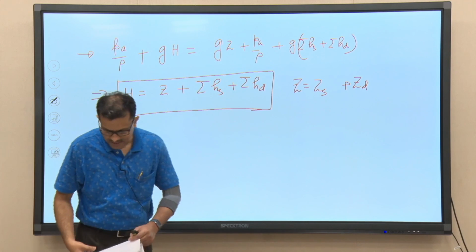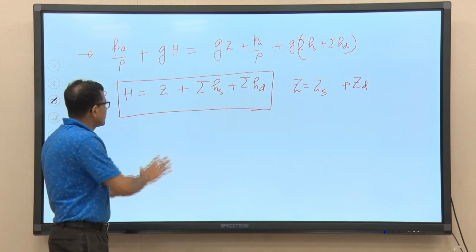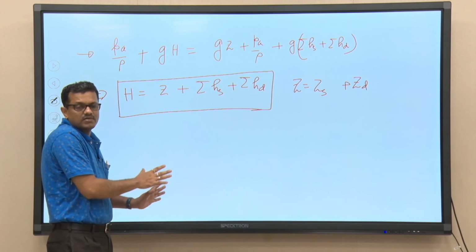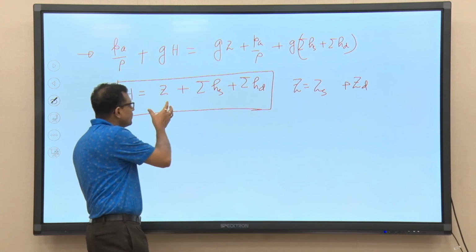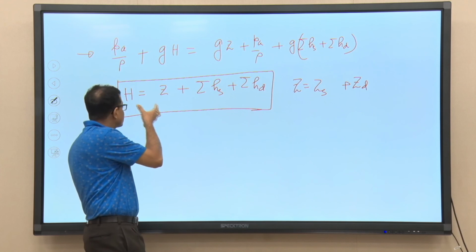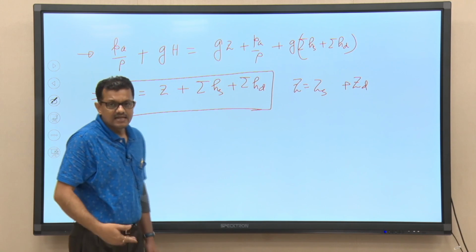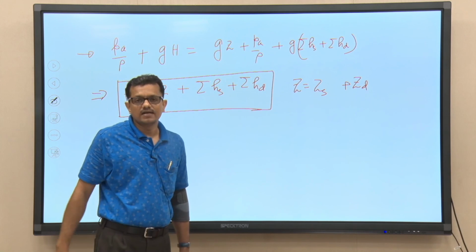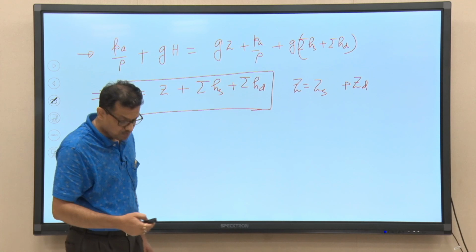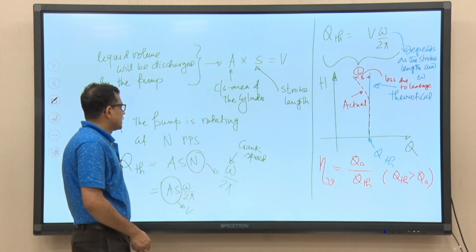So, considering this, we have arrived here, and this gives us the head that will be developed by this pump. Now, which is very important to discuss over here is that if we follow this approach, we can express the head that will be developed by the pump, but this analysis does not provide us an important point that should be looked into. What is that?